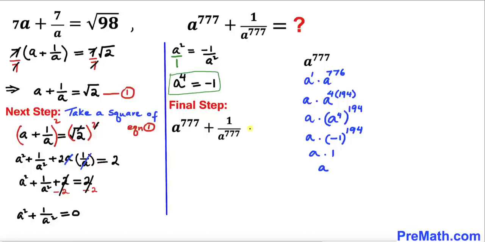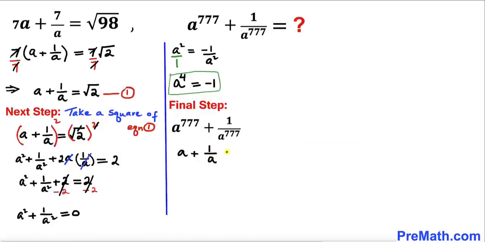Now let's revert our focus back onto this expression. I'm going to replace this a to the power 777 by this a. So I can write a plus 1 divided by a, since the denominator becomes a as well. But we know that a plus 1 over a is the square root of 2 from equation 1.